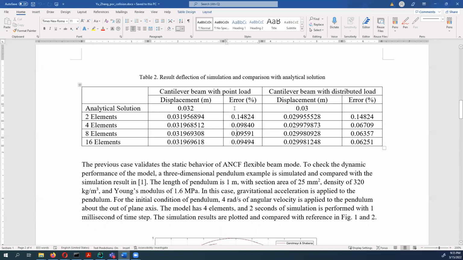The error is within 0.15%, especially when I increase the number of elements for the beam, I can see an increase in the accuracy of the calculation, although it's not that significant because for beam deflection calculation, we do not need a very high order of polynomial to represent the deflection properly. So that's why you can see with two elements, I already have a very high accuracy on the endpoint.